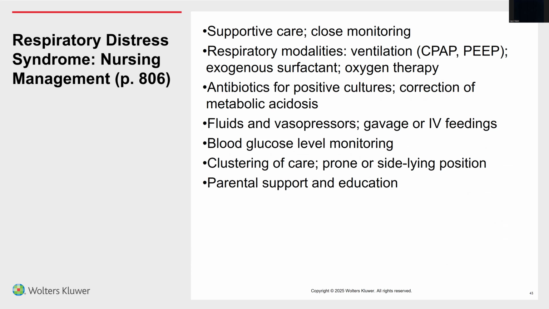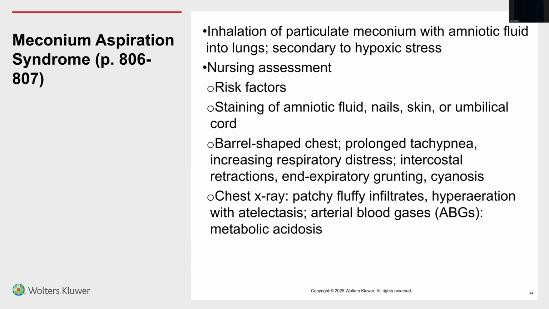Now, meconium aspiration syndrome is the inhalation of particulate meconium with amniotic fluid into the lungs. This occurs secondary to hypoxic stress. So we look at risk factors involved. Is this a post-term pregnancy?